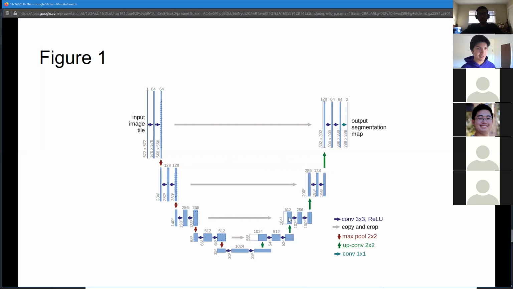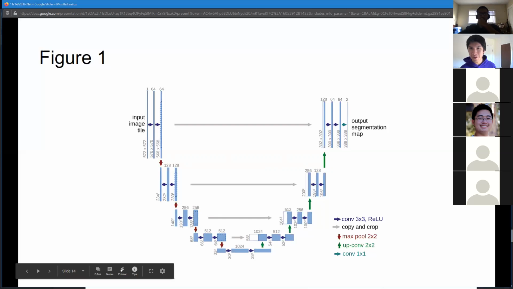It's literally just like stapling the features together, like a little concatenation. And I think the idea with that is that you're able to combine local information with global information.